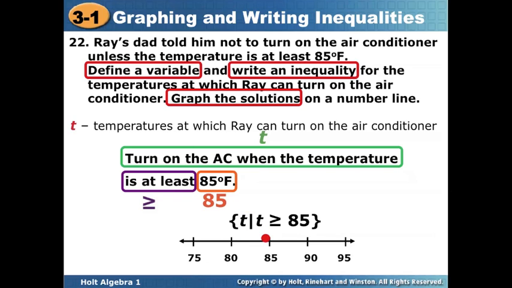Extra mark, make it dark, so we will include or make it equal to 85, and shade greater than 85 on our number line. To turn on the air conditioner, the temperature must be at least 85 degrees Fahrenheit. Our solution and graph shows us that as our answer.